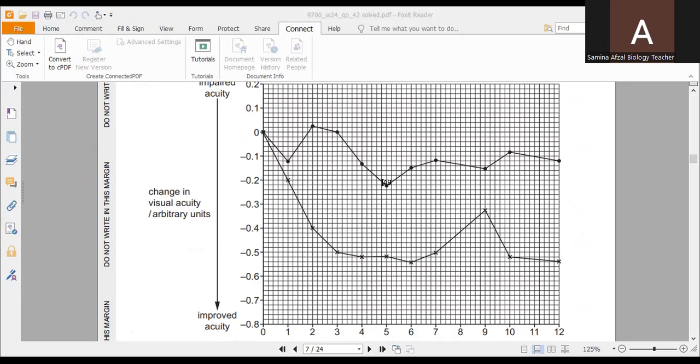You can see the fluctuations over here in the down, a little bit of improvement, then it is going in the upper direction. But here you can see a consistent improvement when it is treated. You can see the visual acuity improvement in this way, but in the 8th and 9th month, only a little improvement has been shown in this graph.